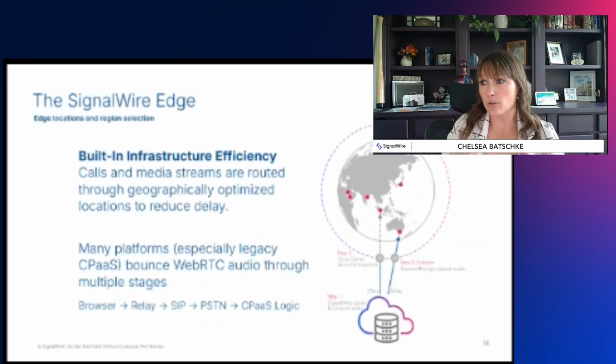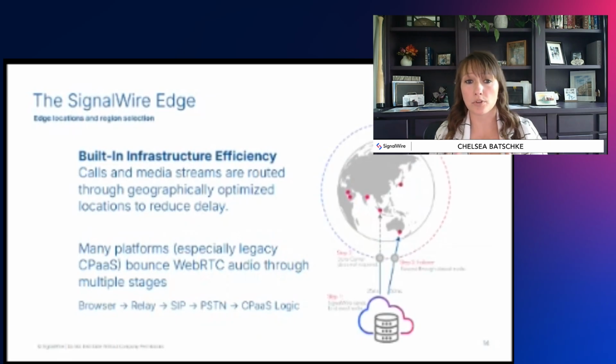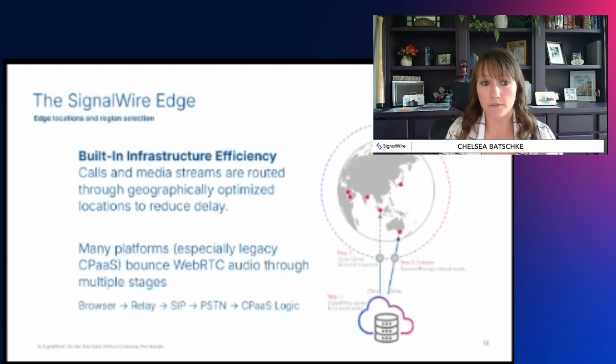So the SignalWire edge. It's really important to understand that calls and media streams are routed geographically, and they're optimized through the locations to reduce delay. By default, we place signaling close to where your users are. And if you're embedding WebRTC into an app for, say, global users, we can ensure performance isn't region dependent.